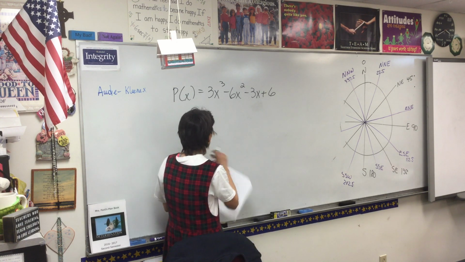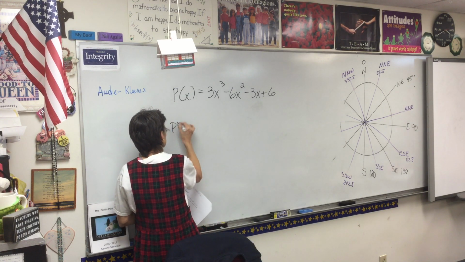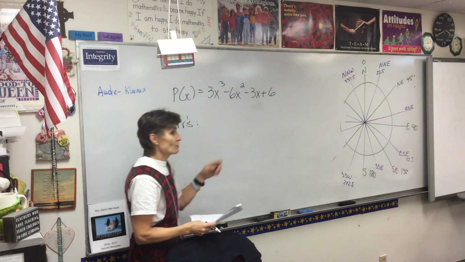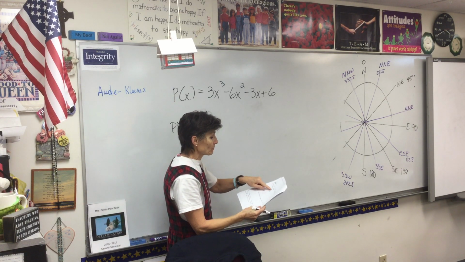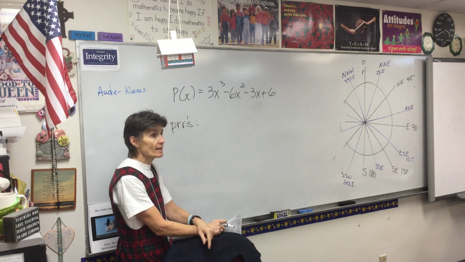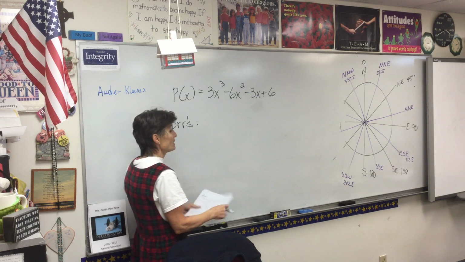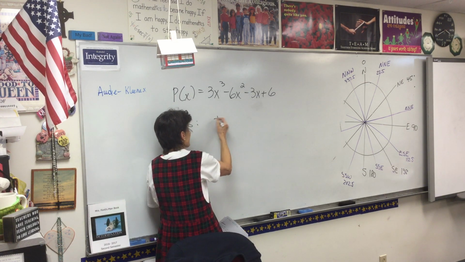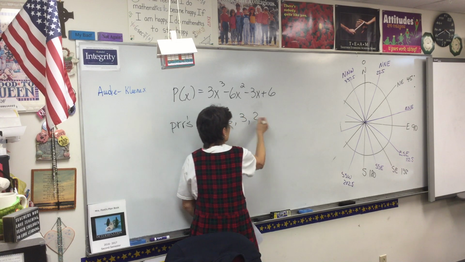All right, so it says, list the PRRs. Now, I call them PRRs. No other teachers call them that, so we wrote out the words possible rational roots. That's what PRR stands for. So what are the PRRs in this problem? 1, 2, 3, 6. Factors of 6, okay.